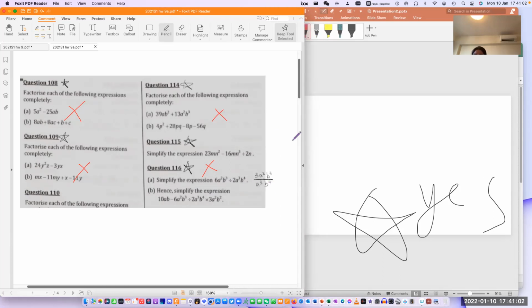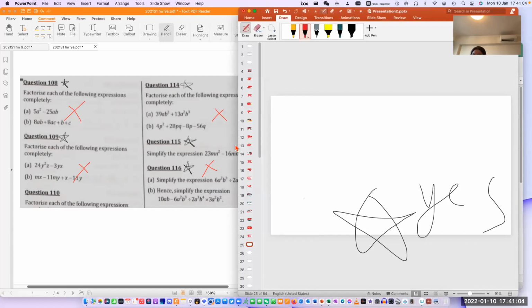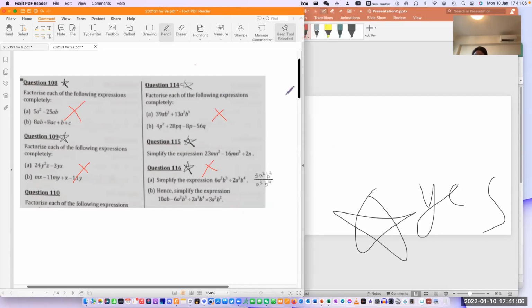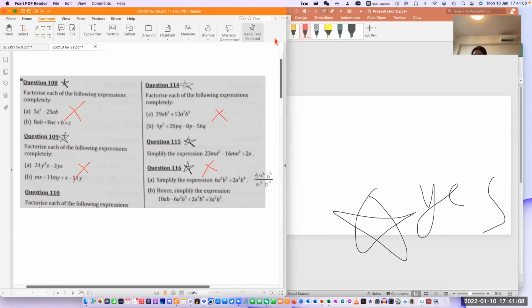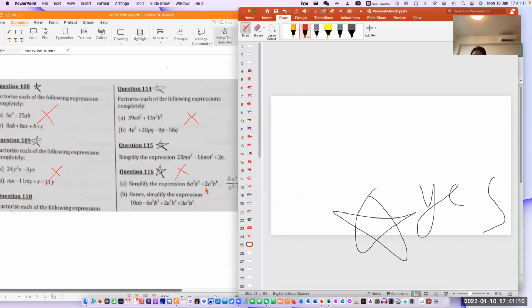Okay, so for this question, I think it's pretty clear how you can do it. We'll talk about the factorization part today. Divide means over. So how you do this question is you expand the a square. Expanding a square is a times a.